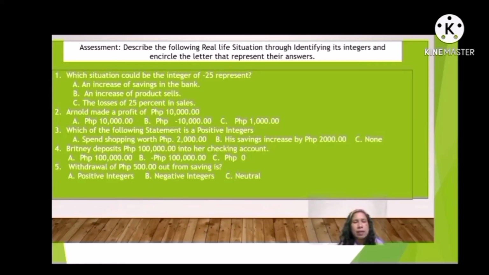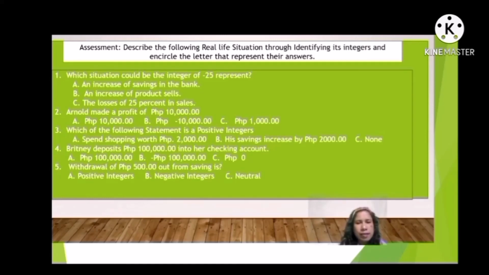Number 3, which of the following statements is a positive integer? A. Spent shopping worth 2,000. B. His savings increased by 2,000. C. None. Number 4, Brittany deposits 100,000 into her checking account. A. 100,000 pesos. B. Negative 100,000 pesos.